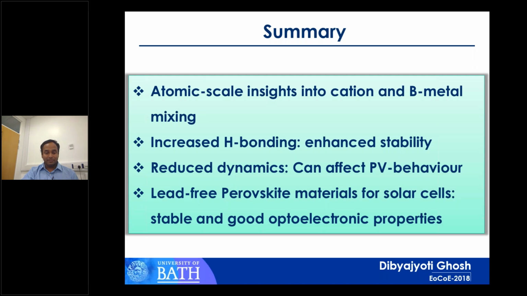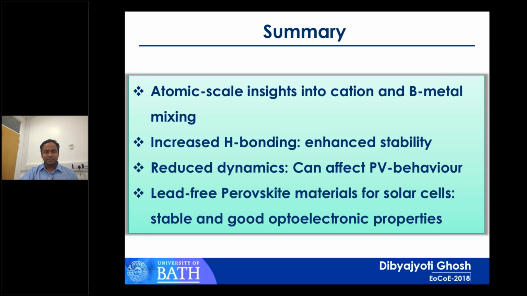With cation mixing, we found a reduction in the temperature and a reduction in the dynamics. That can change the photovoltaic behavior, but how, we still don't know. But we definitely have an effect because of this cation mixing.